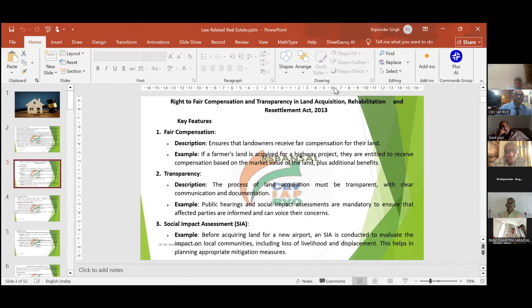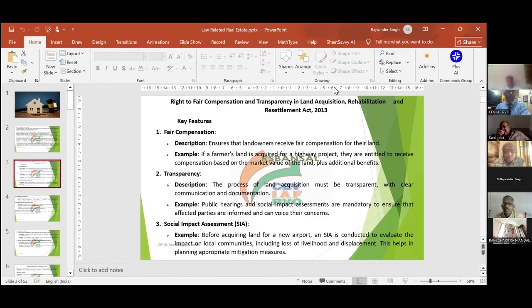First and the foremost thing which has been included in the amended act is fair compensation. Fair compensation means this act ensures landowners receive fair compensation for their land. Means the land which is acquired by the government, the owner of the land gets fair compensation.